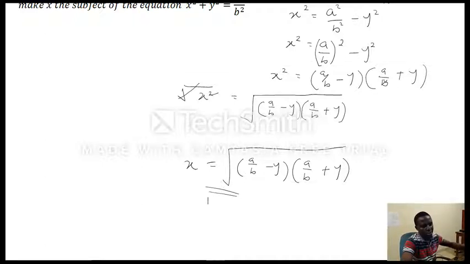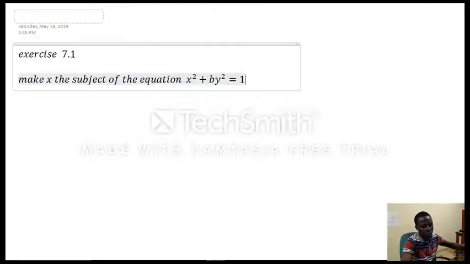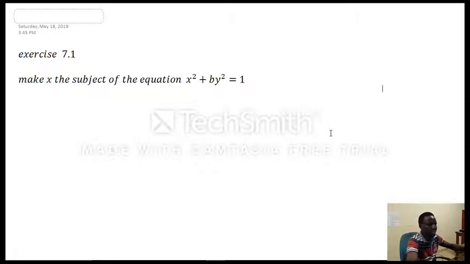Let's take the second to the last example, which we have as this: to make x the subject of the formula. Same steps.